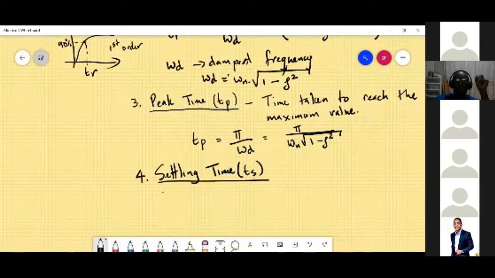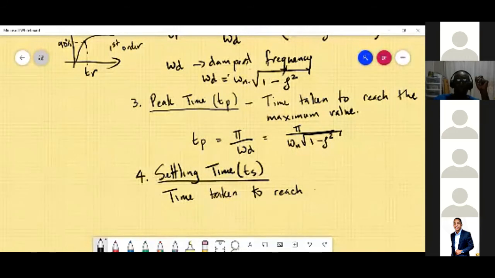And that is the time taken to reach within 5%. And that is a nominal value.